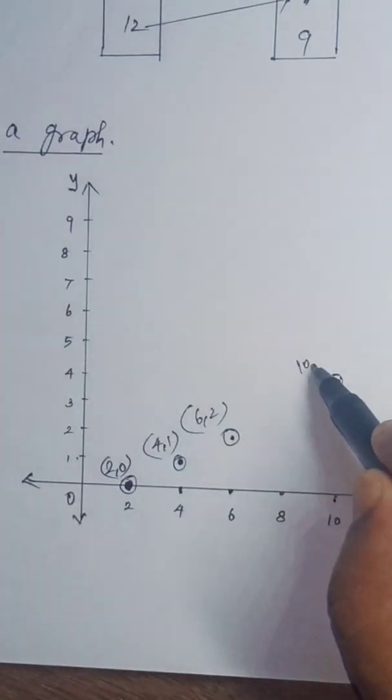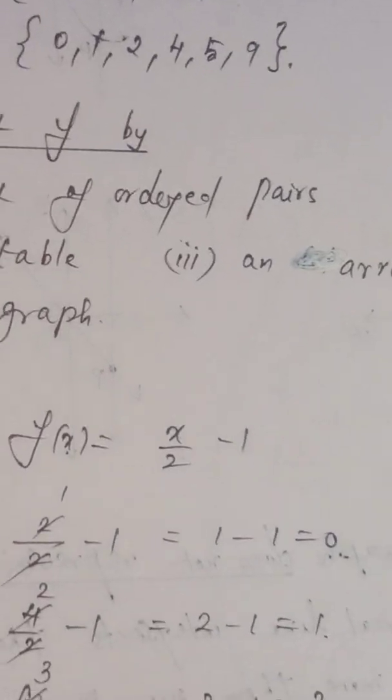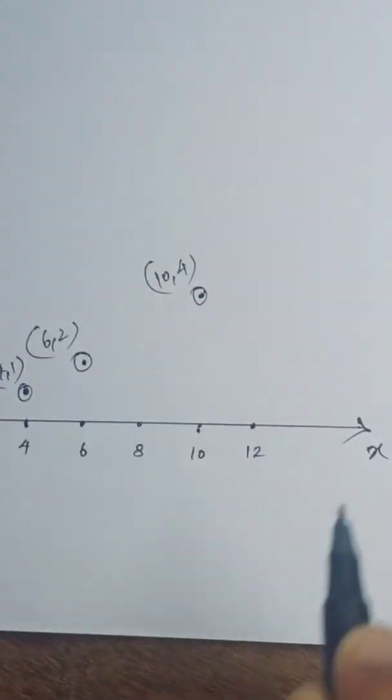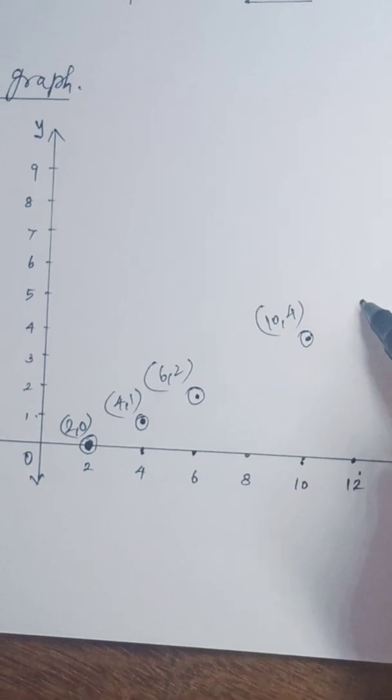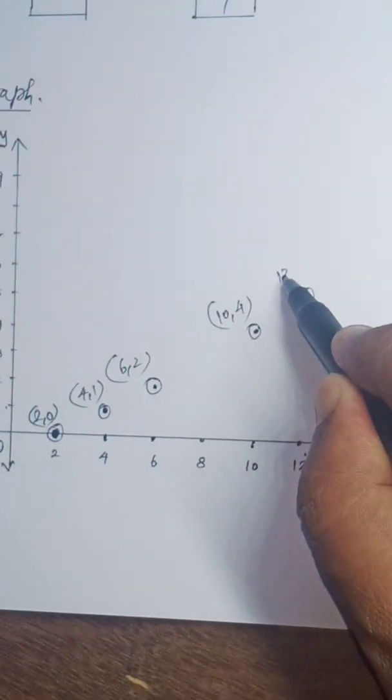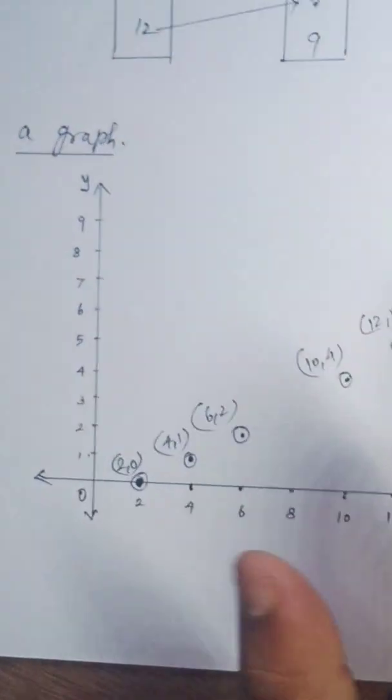Okay, 10, 4. And look at that, we have one more point, that is 12. I take 12 over here. Final point is 12, 5. 12 in x-axis, 5 in y-axis. Now just plot the points.